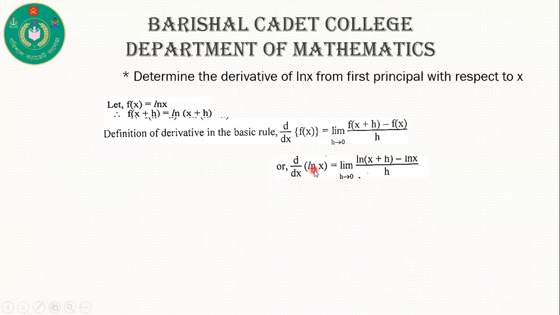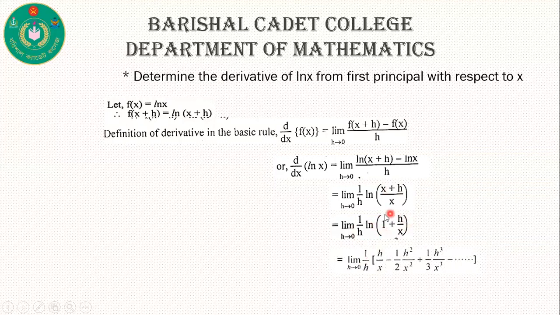Or d by dx ln x, because f of x is equal to ln x and f of x plus h is equal to ln (x plus h), minus ln x. Now from logarithm we can write ln (x plus h) minus ln x is equal to ln ((x plus h) by x). Now 1 by h ln, x cancel, that means 1 plus h by x.